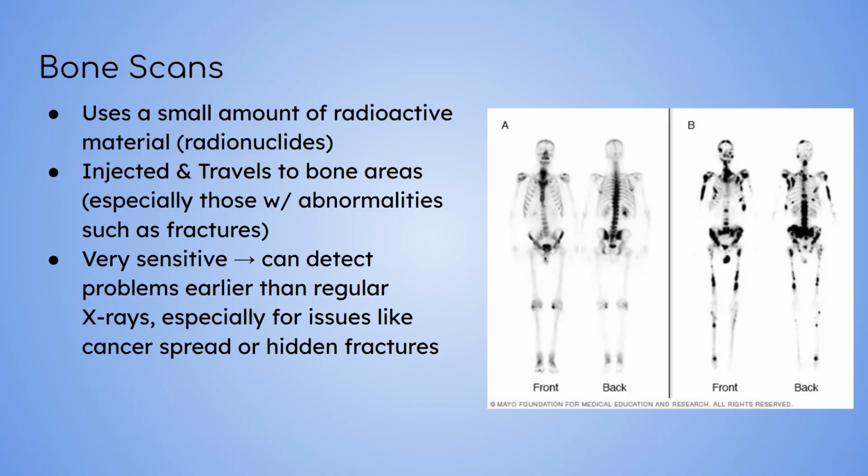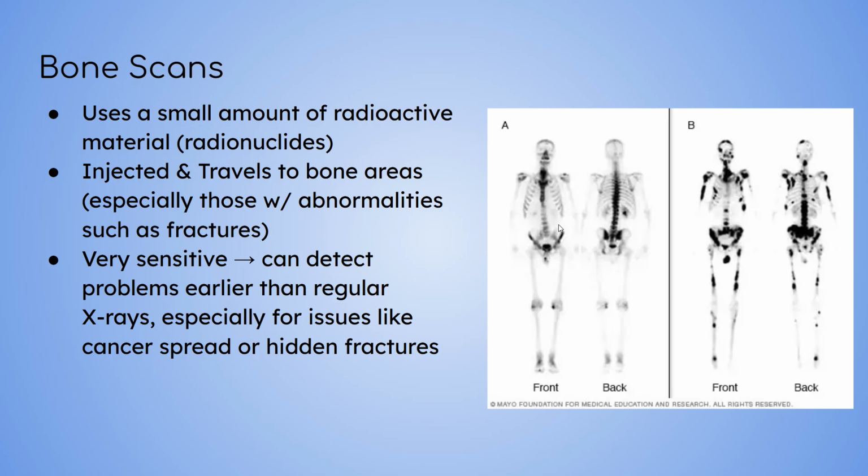Well, it travels to all bones, but to those areas specifically too. This is very sensitive. It can detect problems earlier than regular X-rays, especially for issues that affect bones, like hidden fractures or the cancers we talked about.